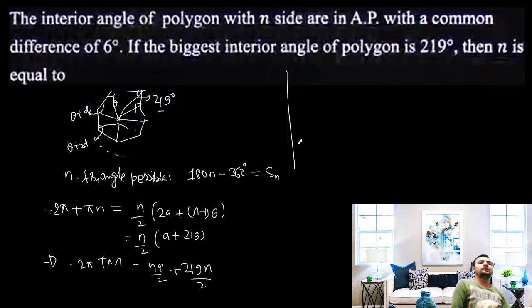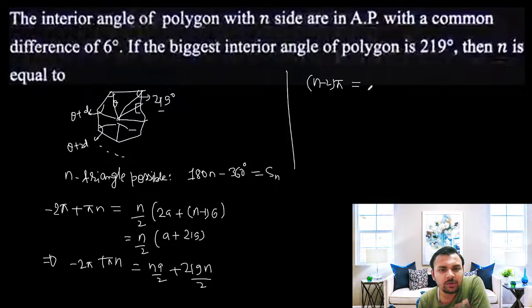They have common difference 6. If the biggest interior angle of the polygon is 219, then n minus 2 into pi is equal to n into a plus 219 by 2.